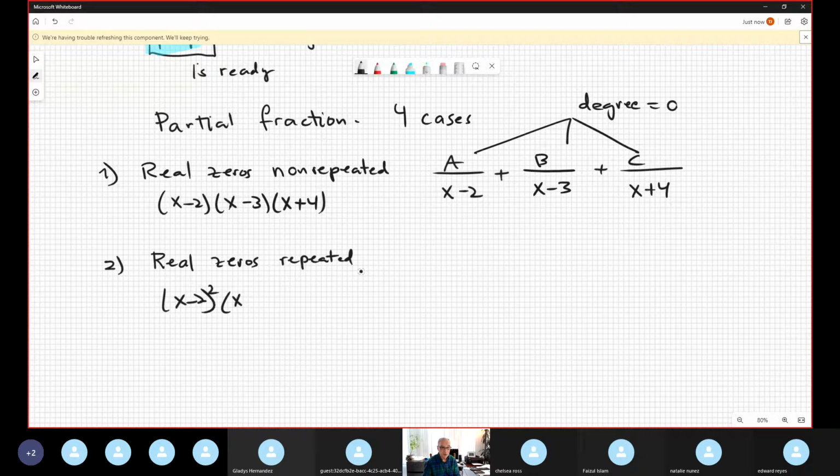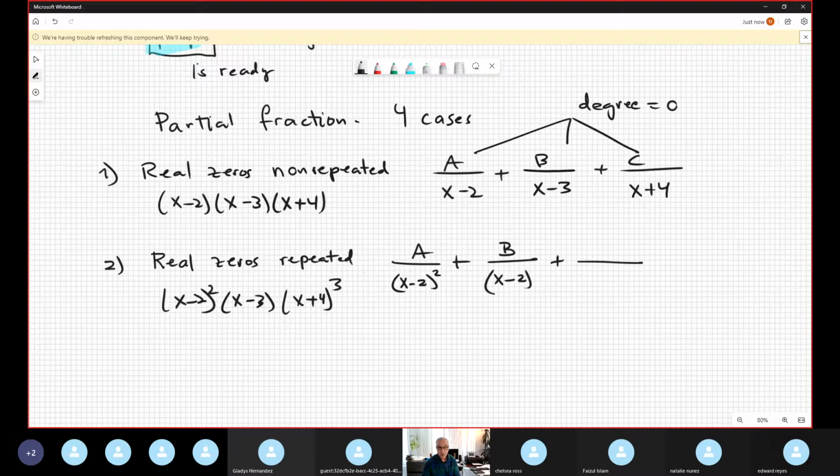You have x minus 3, not repeated, multiplicity 1. And you have x plus 4 with multiplicity 3. So what is the format for the partial fraction decomposition? You copy x minus 2 raised to the second power and x minus 2 raised to the first power. You decrease the power: 2, 1, 0 is invisible. And you put a and b.